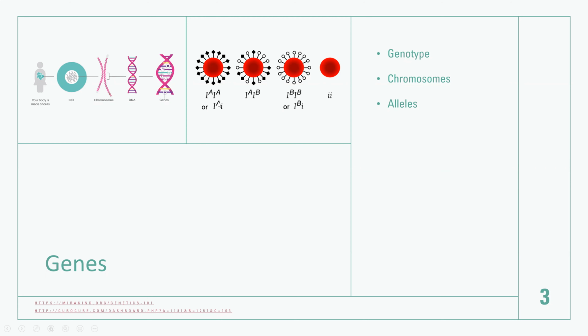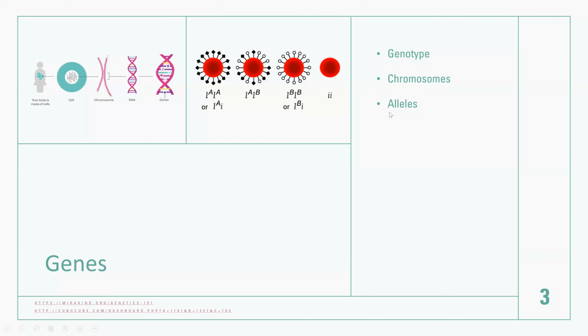So what's a genotype? A genotype is the actual code for each gene. And this code is a specific sequence of nucleotides. The length of the sequence can vary based on the gene, but the exact sequence of these nucleotides determines exactly how the protein that's made shows up in your body.